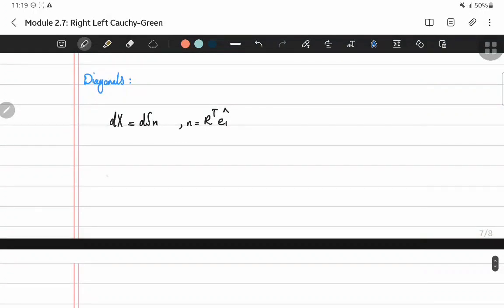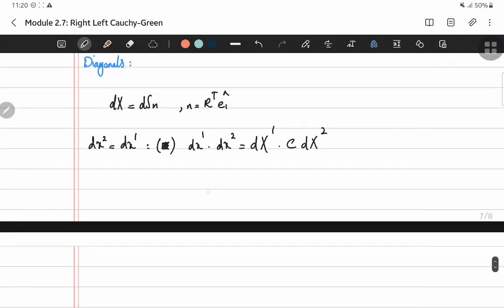All right. So again, from this black square, we have dx1 dot dx2 is equal to d capital X1 dot C d capital X2.